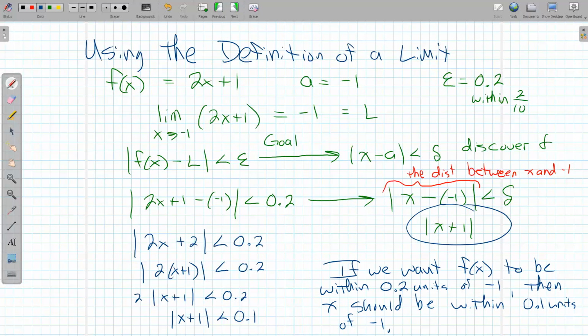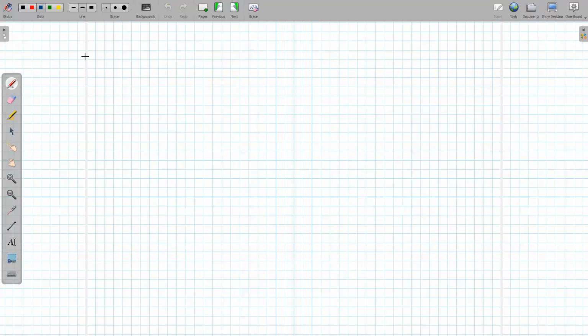So I think I'll try graphing this by hand. It's not too bad. I guess we have to zoom in slightly, but not too much. I'm going to go over here for x is -1, and then let's go down here for y is -1.